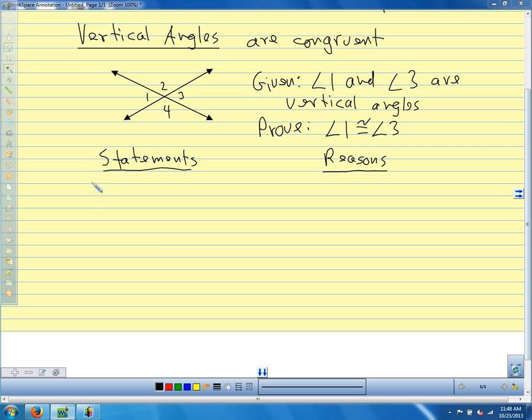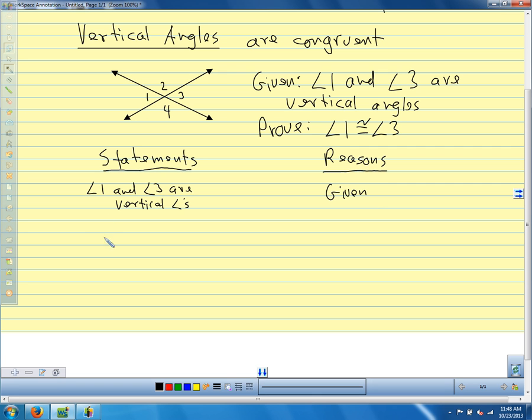So I'm going to say angle 1 and angle 3 are vertical angles. And I'm going to use some abbreviations here so we don't have to write quite so much. And that's a given. We're given that that's true.